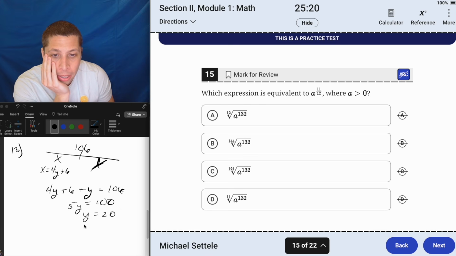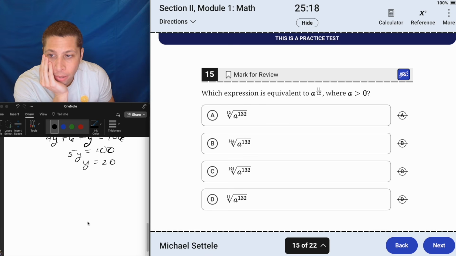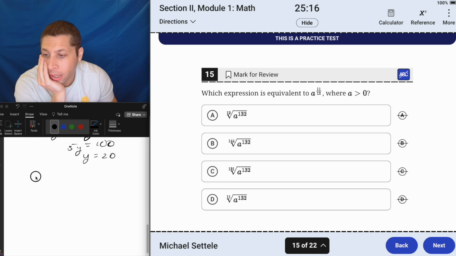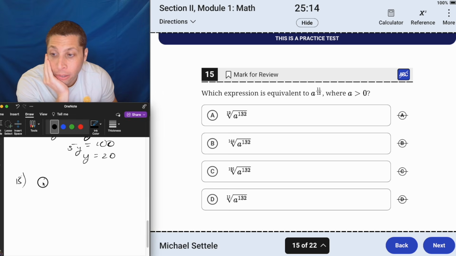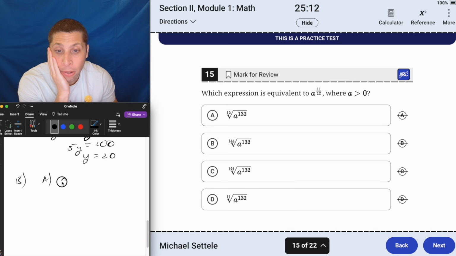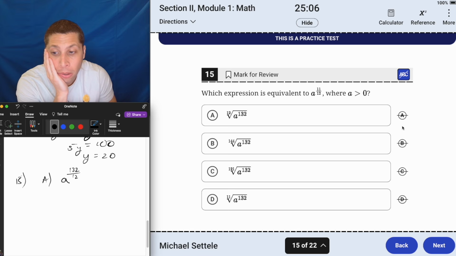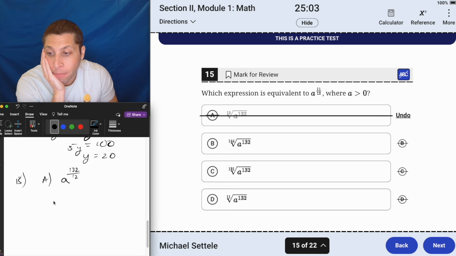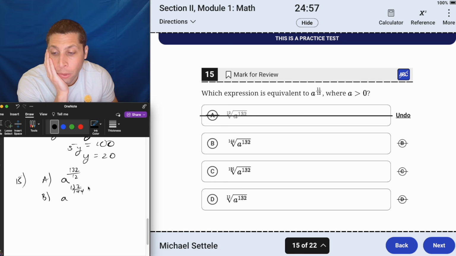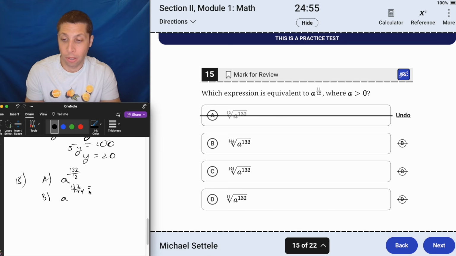Okay. All right, so this is purely just understanding how to convert each of these into a fraction. So A is going to be 132 over 12. Is that going to be equal to 11 over 12? No. B is 132 over 144. That's probably 11 over 12.